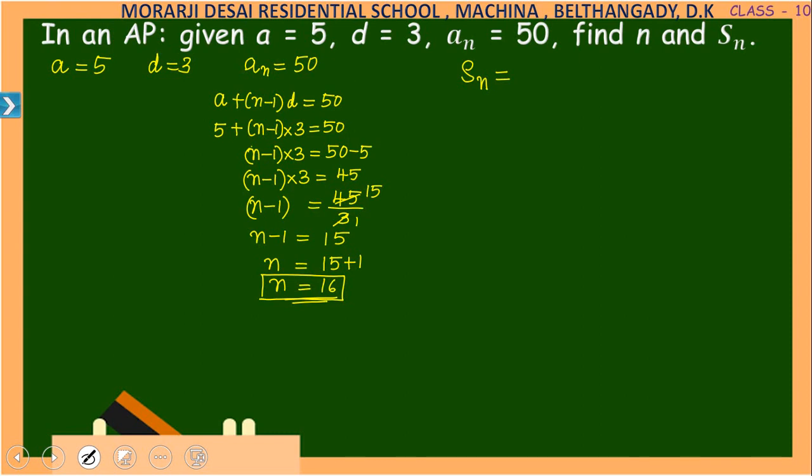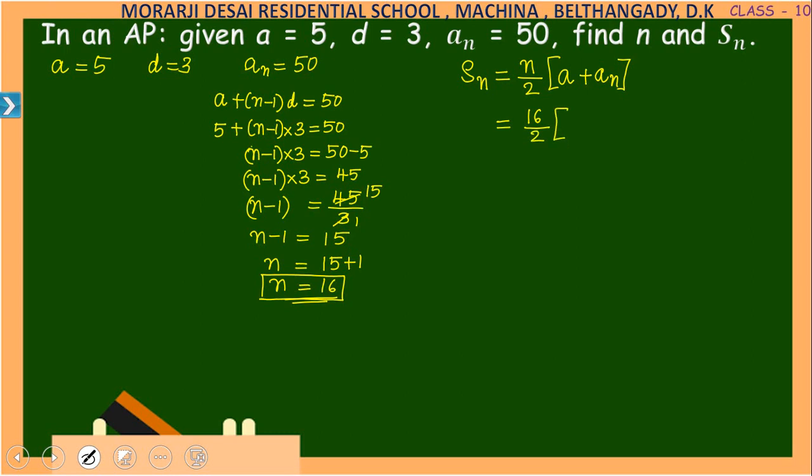So we can use the formula Sn is equal to n by 2 into a plus an. Or you can use the formula Sn is equal to n by 2 into 2a plus n minus 1 into d. Or you can use this formula. So Sn is equal to, what is n? 16 by 2.